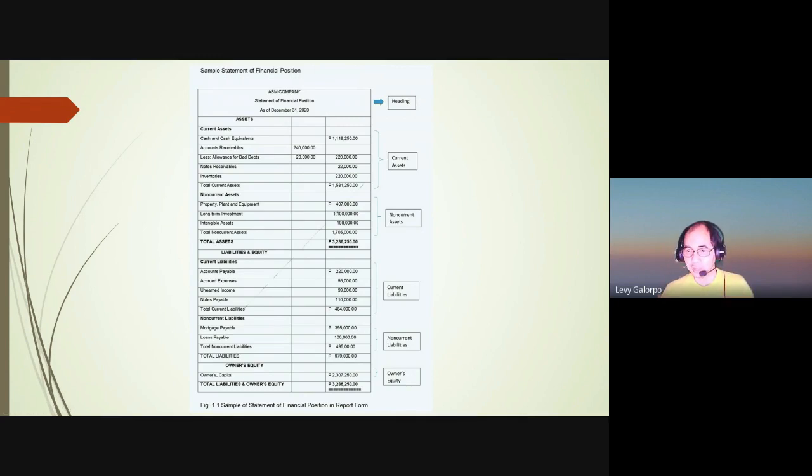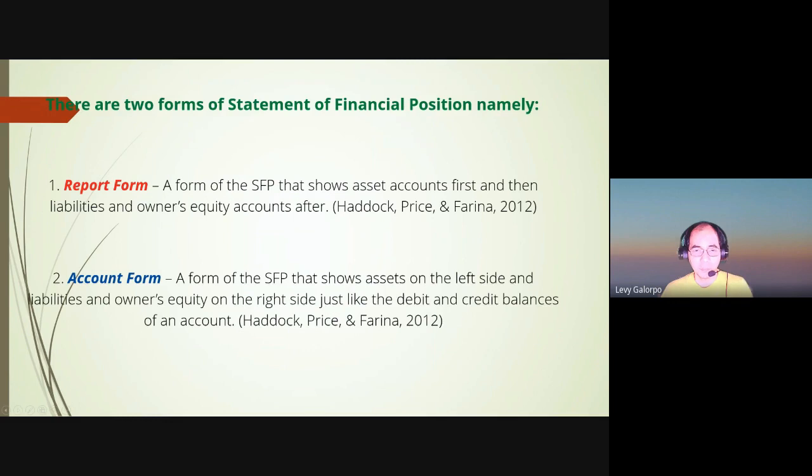And also guys, before ko makalimutan, kailan ba natin ginagamit ang report form at ang account form? Kailan natin sila ginagamit o ano ba ang pagkakaiba nila? Ang report form at account form, basically, they are the same. Nakita nyo naman yung pagkakaiba sa format nila.